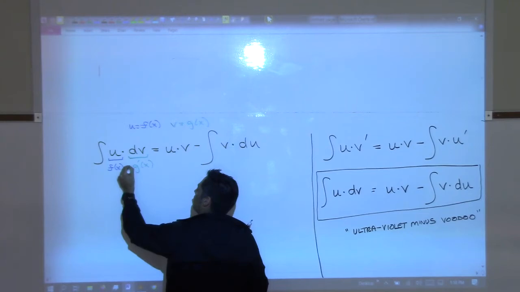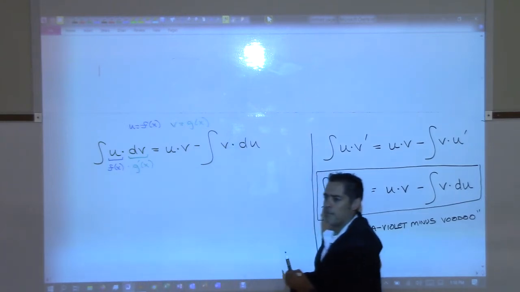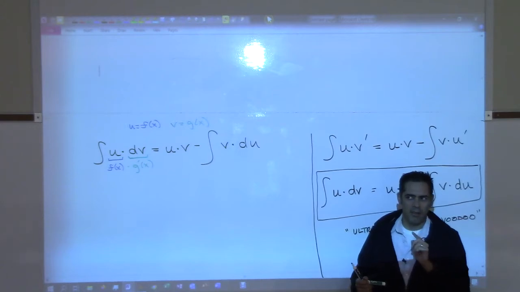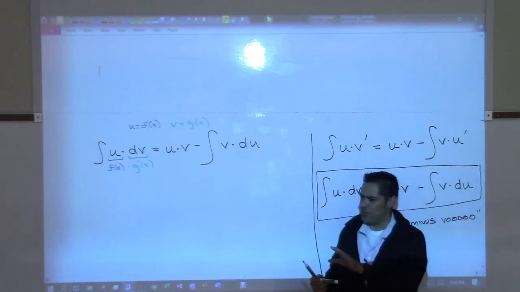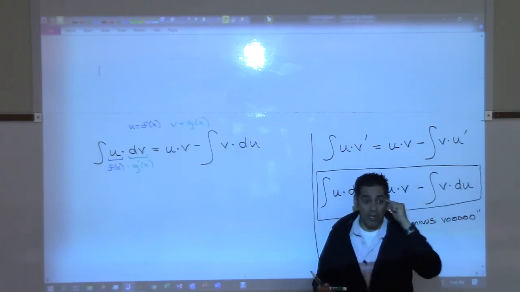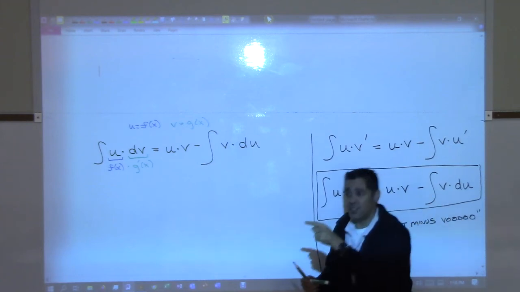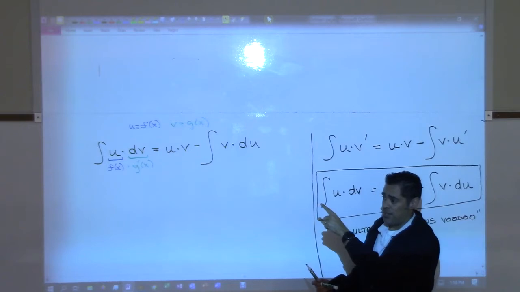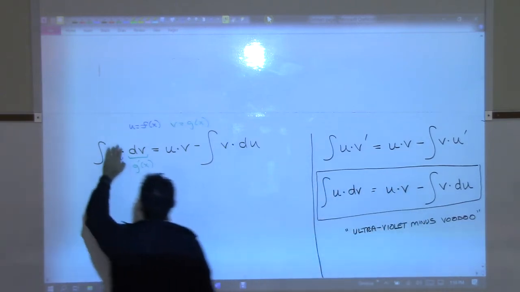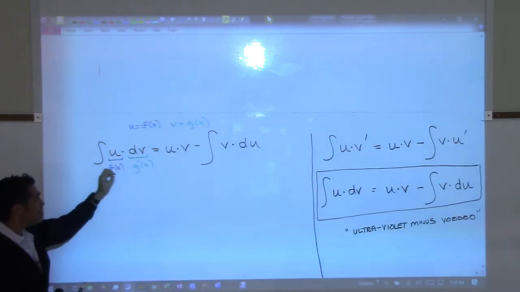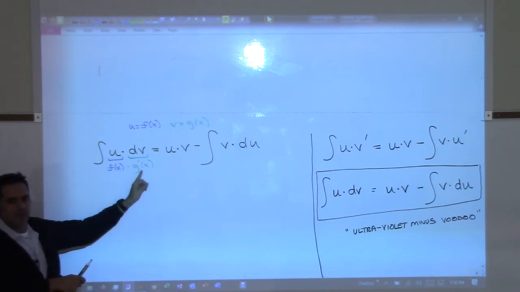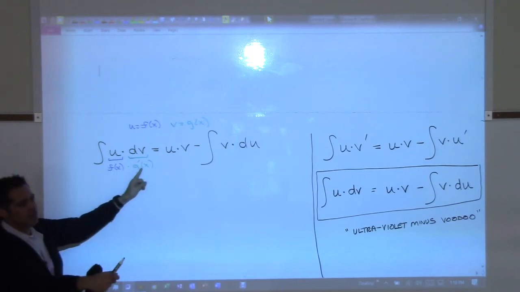Do you all see that? Be careful. What was u substitution? U substitution was you're looking for something and its derivative. That's not what this is saying. This is saying you have some function here, and next to it you have the derivative of some other function, not this function, some other one.